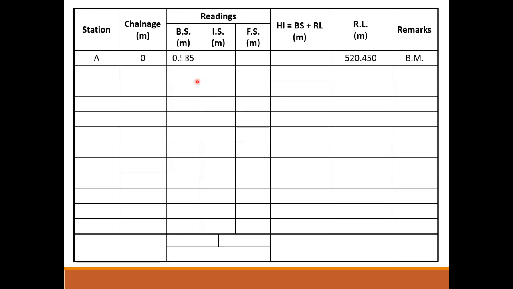So let us proceed with the calculation. The first reading given is 0.585. You already know that the first reading is always taken as a backside reading. This backside reading is how we get it: we just place the leveling staff at station A, whose reduced level is already known to us.